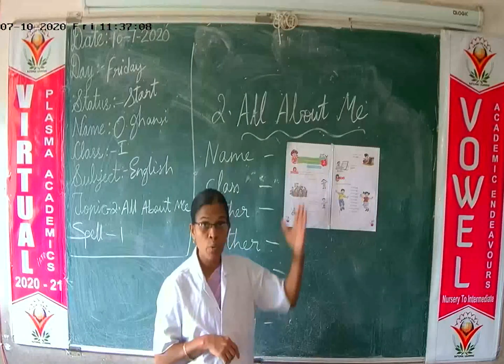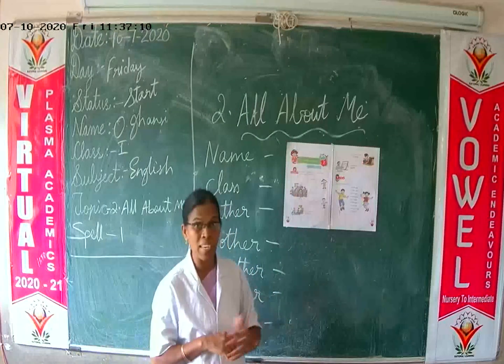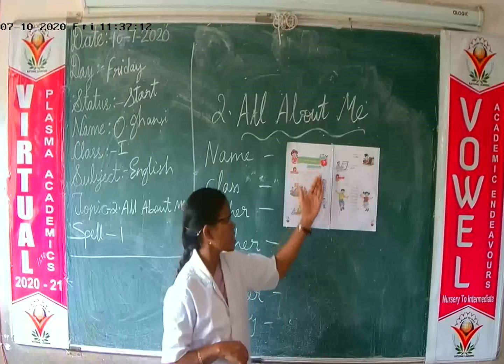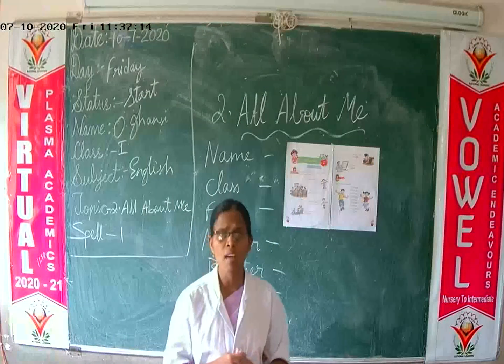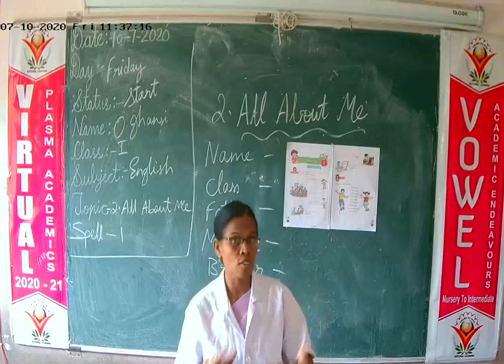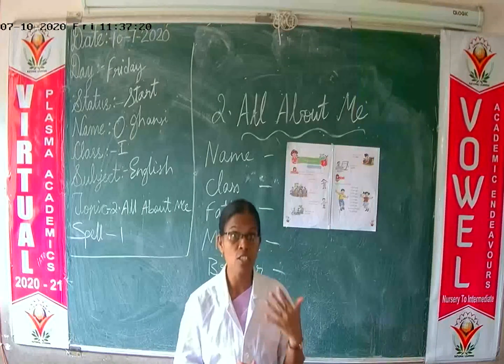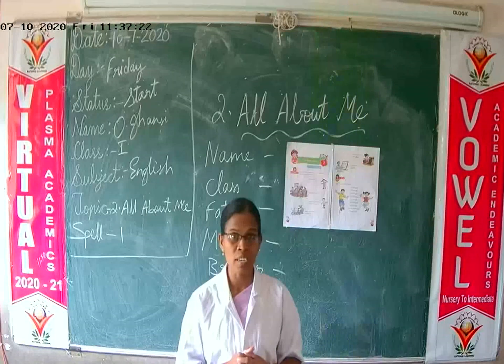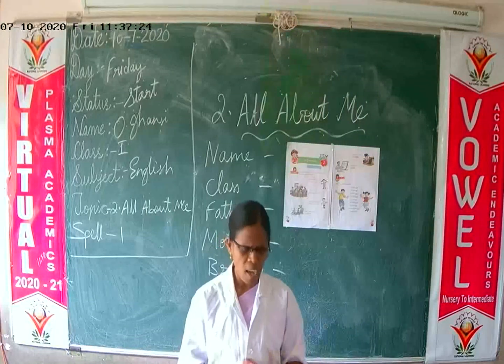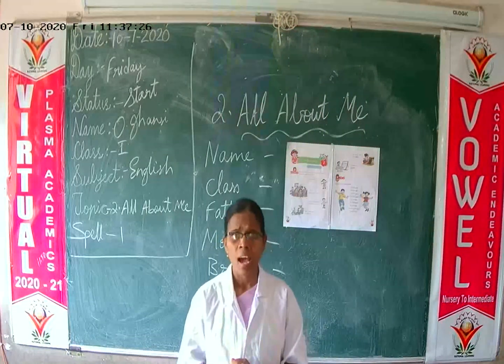Now you understood about Sarah and her family? So in the same way, you also have to introduce yourself. Now I think you got an idea how to introduce yourself.